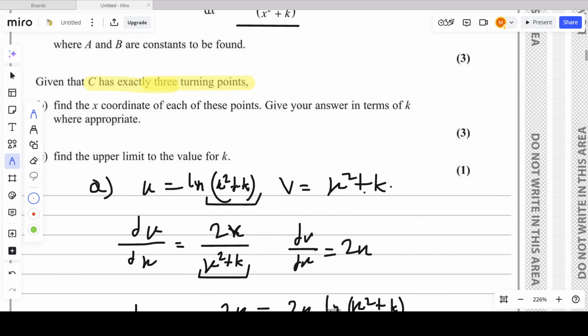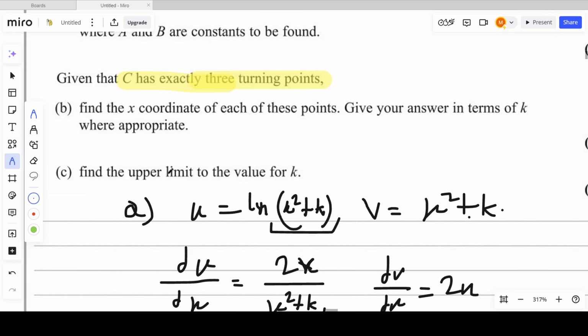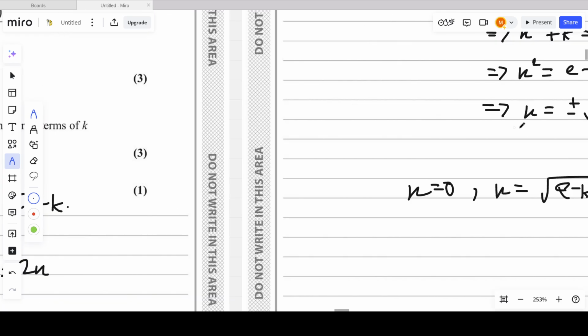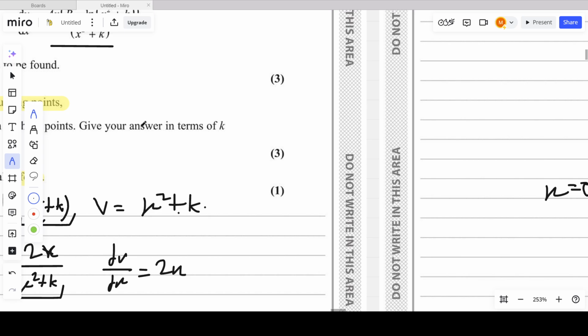Now for part C, find the upper limit. Upper limit, what does it mean? Upper limit to the value of k. What could be the maximum value of k? We need to find that out.